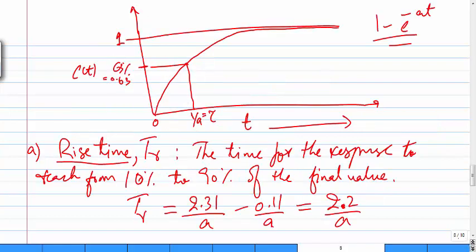The next thing that we can calculate is known as rise time. Rise time is the time that your system takes to go from 10% to 90% of the final value. So the time between 10 to 90% is known as rise time. If I put 10%, similarly as I put 0.63 equal to this relation, I get this value, that is 2.31 divided by a for 90%, then minus for 10% I get 0.11 divided by a.